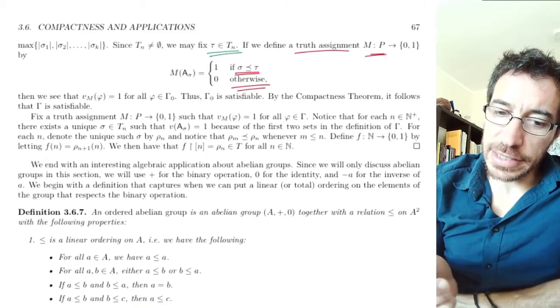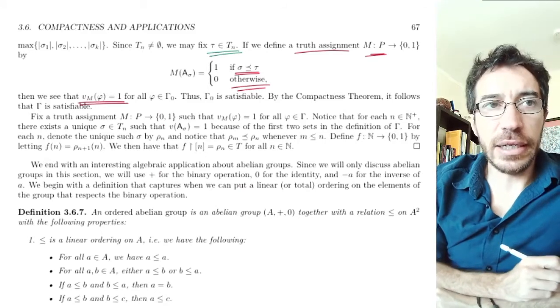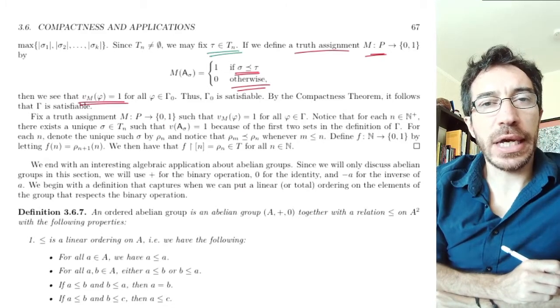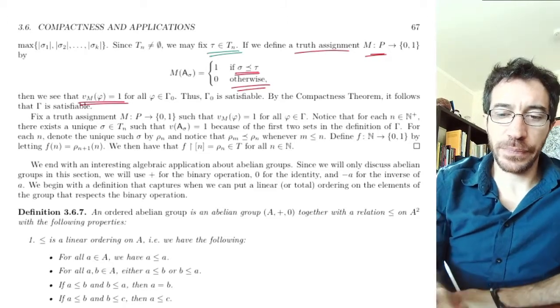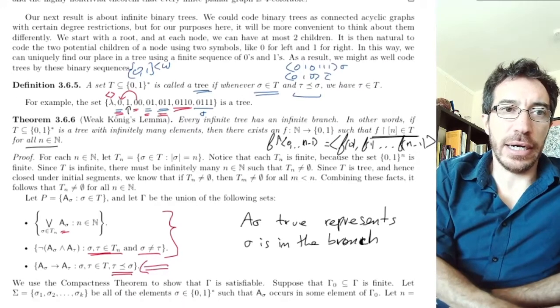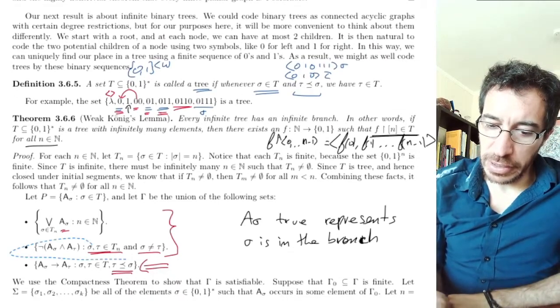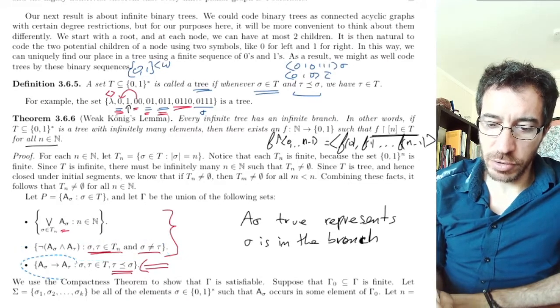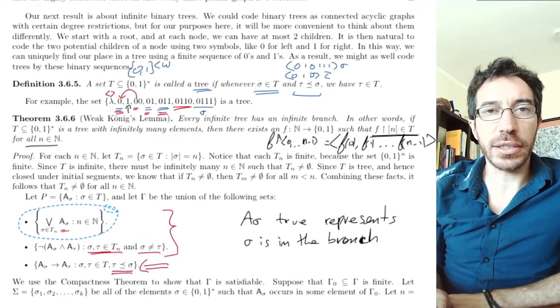Okay, so you can see that's enough to make all the formulas in gamma 0 true. If you look at the formulas in gamma 0, you will see that it definitely satisfies all of these that show up in gamma. And it might not satisfy these ones if n is too large.